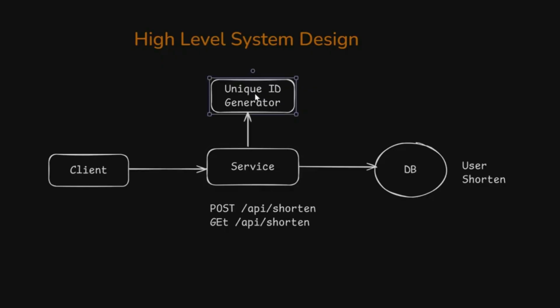With these unique IDs, this service appends the domain name and saves it with the mapping of the original URL. And when we get the GET request with the unique ID, the service can search the database table and then return the long URL as a response to the client. So this is a very high-level view of how the data flow would work.